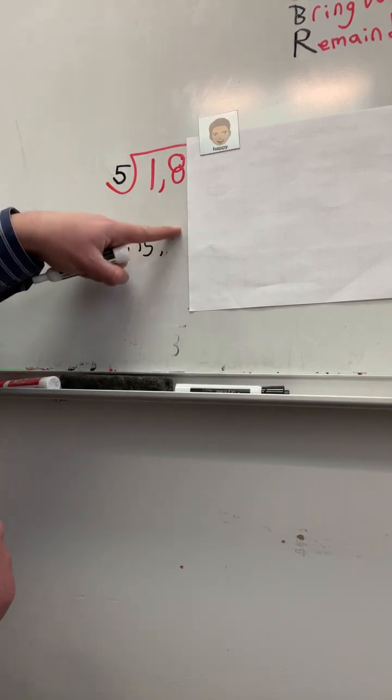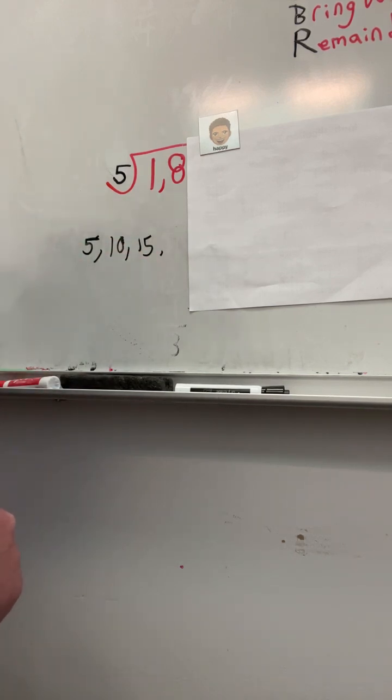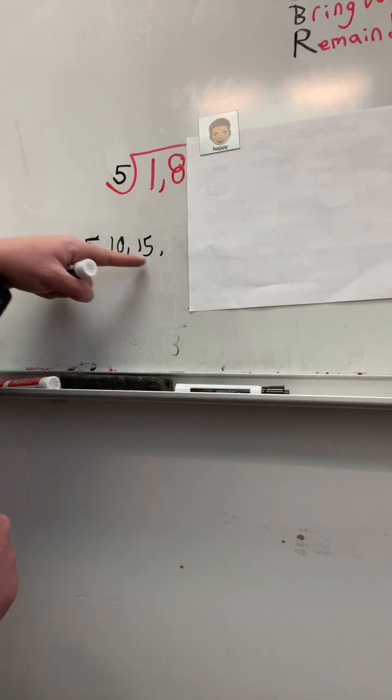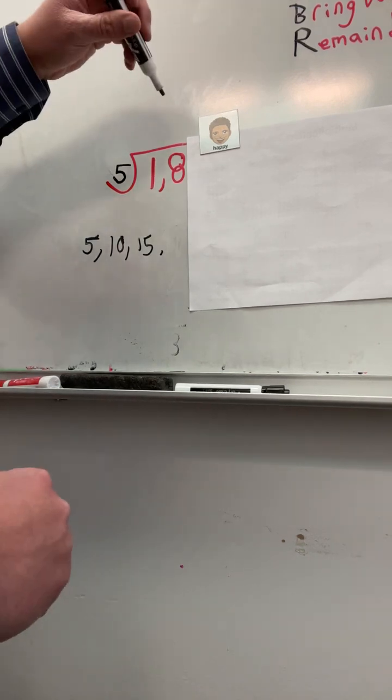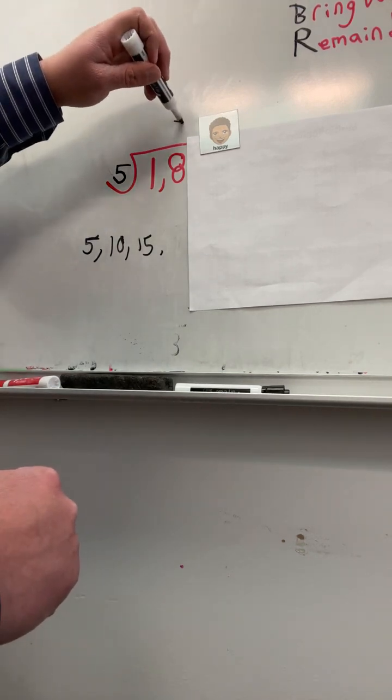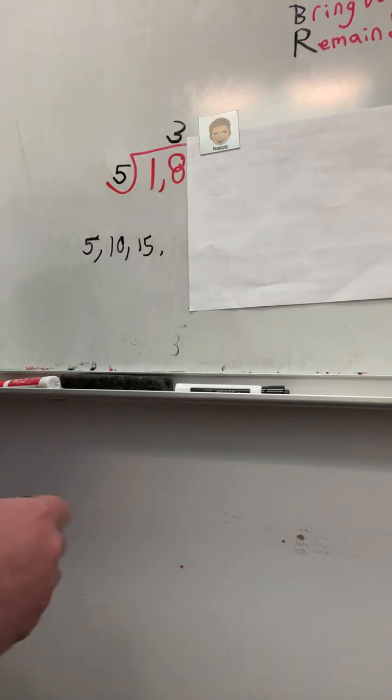We'd be past 18. So I ended up counting by 5 3 times. I got 3 groups of 5. So 18 divided by 5 equals 3. So that's the first step.